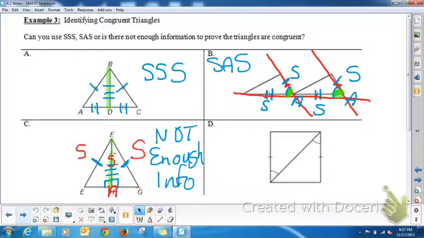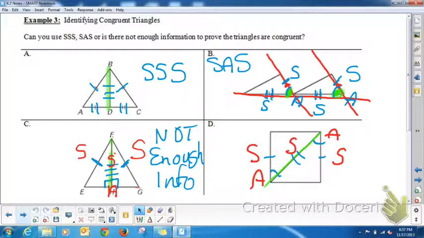Let's take a look at this last one. We know that this pair of corresponding sides is congruent, and we know this angle is congruent. And then finally we have this shared side, and when they share a side, by the reflexive property you can prove that it is congruent. And therefore we have side, angle, side.